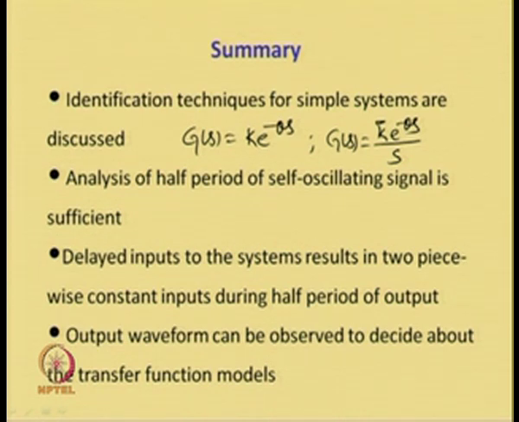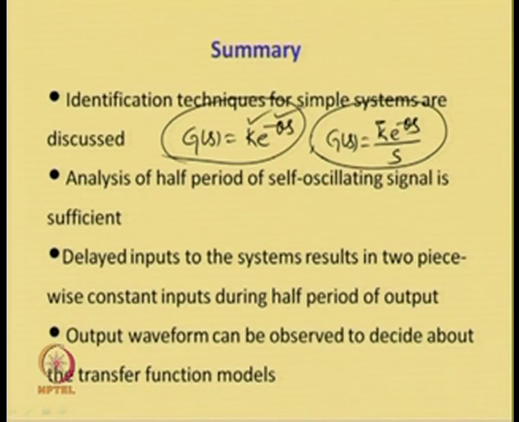For these two simple systems, we have developed analytical expressions using state space, and based on that we have been able to establish the relationship between the measurements of the output signal and the parameters of the transfer function model. Also, we have observed that during one half period of the output of the system, we do get two piecewise constant inputs to the system.